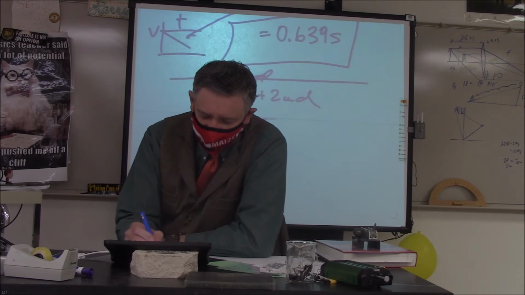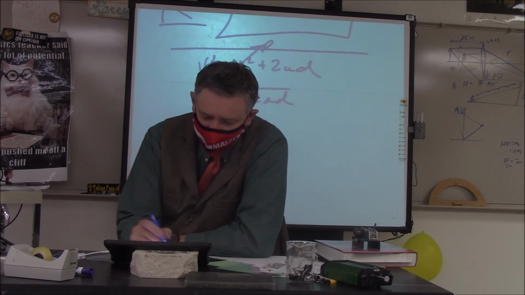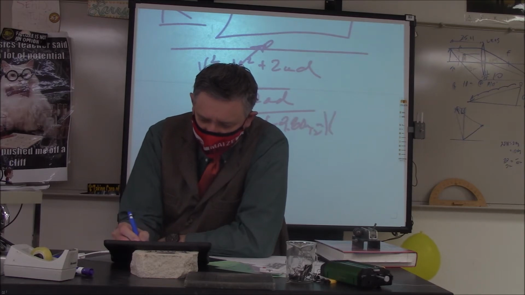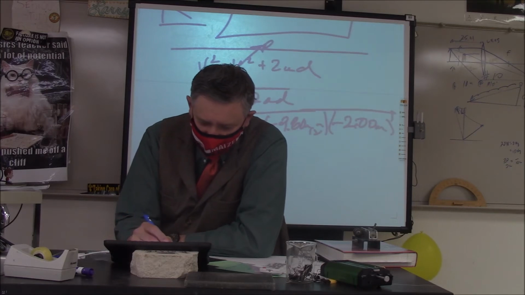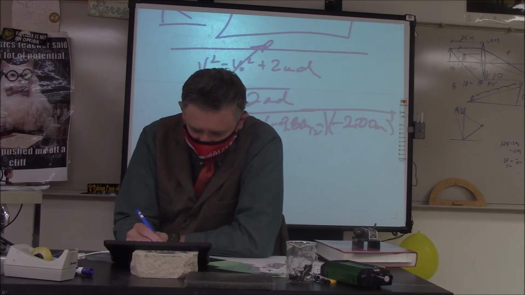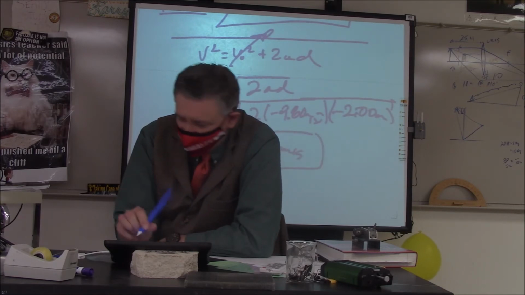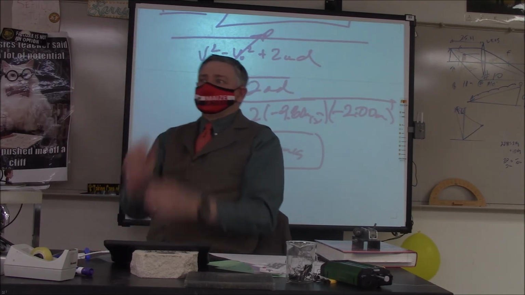So v is going to equal the square root of 2ad. So Matt, take 2 times negative 9.8 meters per second squared, technically times a negative 2 meters, and then take the square root of all of that. You should get 6 point something, 6.26 meters per second. So that's how fast it's going at the point of impact.